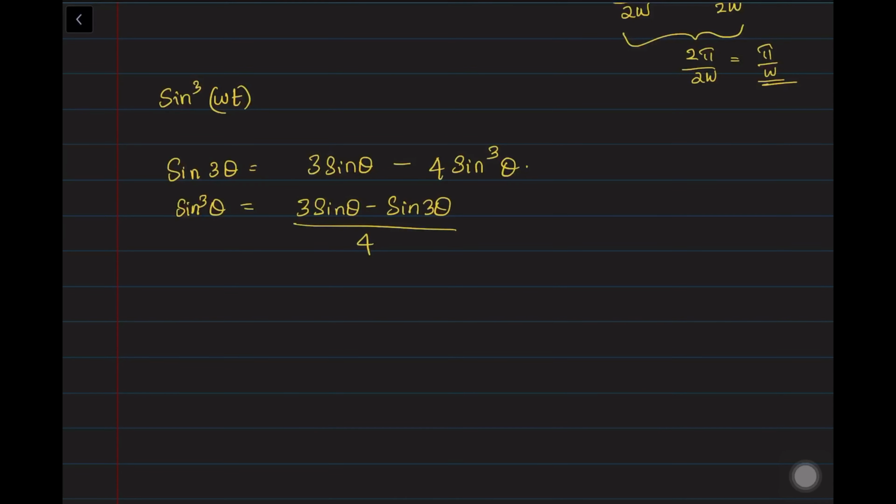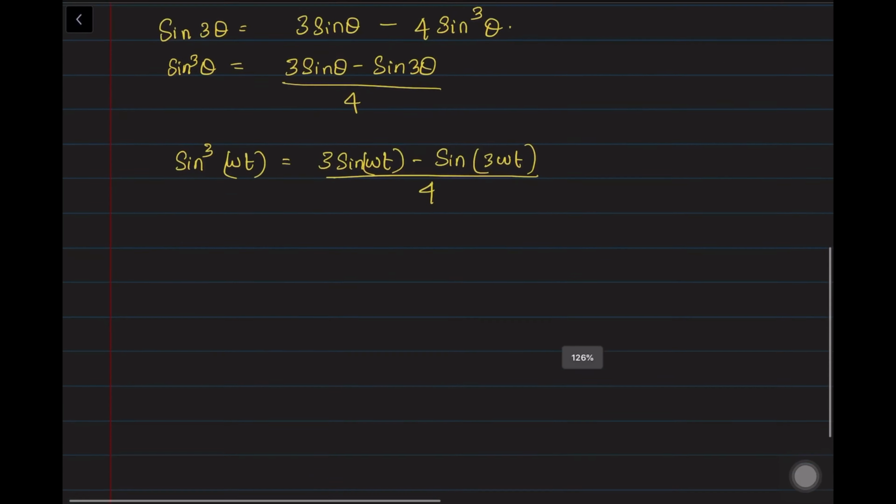And thus you can rewrite the given sin cube omega t as 3 sin omega t minus sin 3 omega t, whole divided by 4. Let me make a small correction over here.